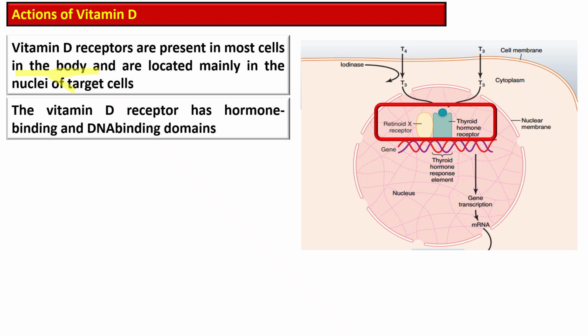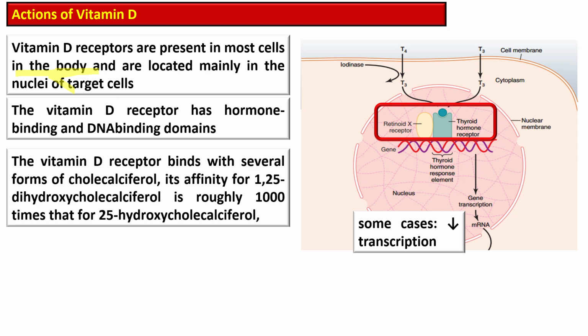This vitamin D receptor forms a complex with the retinoid X receptor, and this complex binds DNA at vitamin D response element, and it modulates the gene transcription, usually activating transcription of genes such as calcium binding protein, and sometimes suppressing the transcription depending on the gene and context.